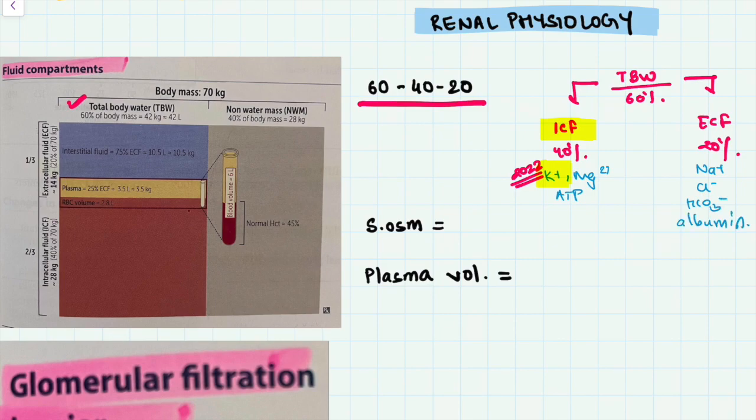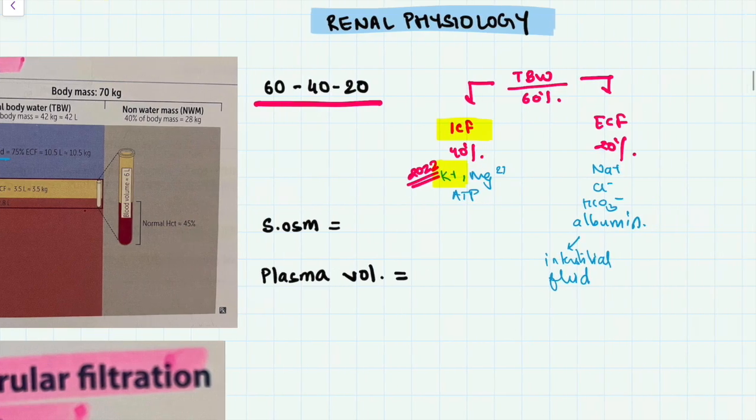Now, the extracellular fluid is composed further of the interstitial fluid as well as the blood volume, and the blood volume is composed of the RBC volume and the plasma.